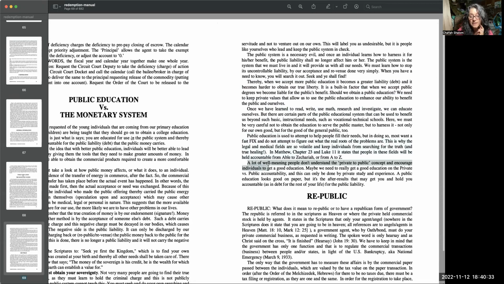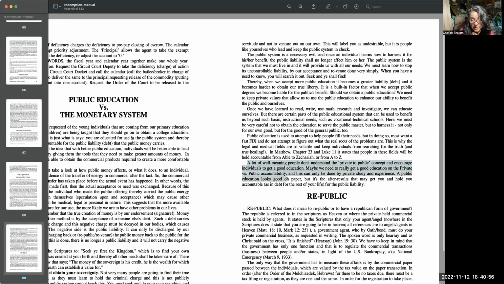A lot of well-meaning people don't understand the private to public concept and encourage individuals to get a good education. Maybe we need to really get a good education on the private versus public accountability.